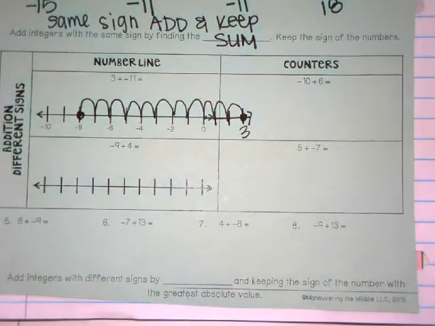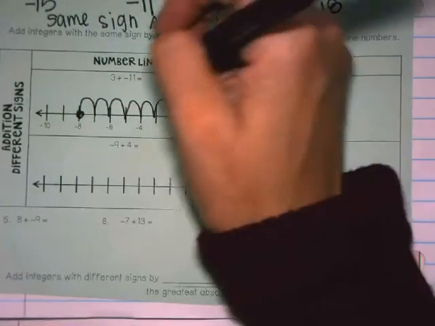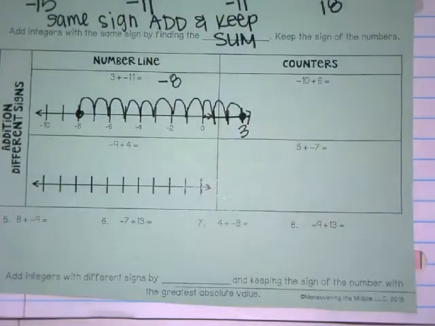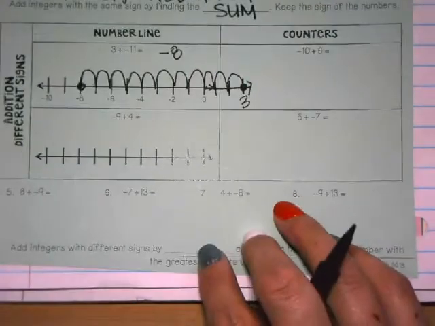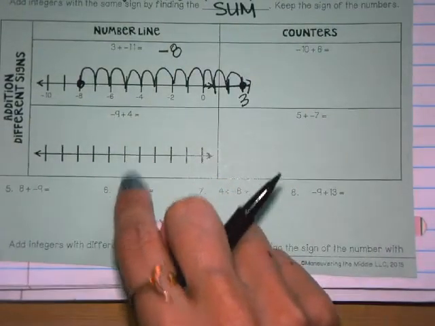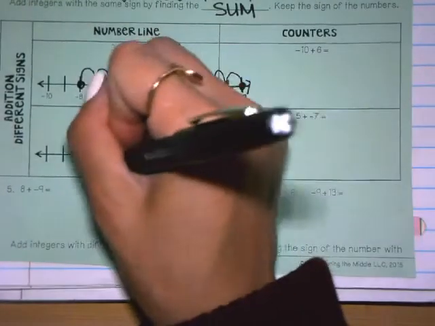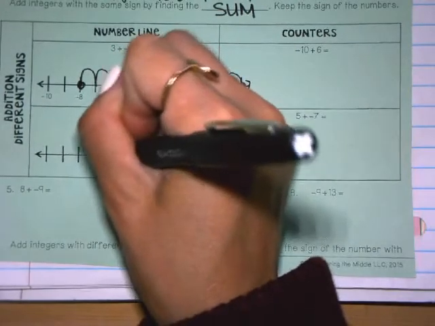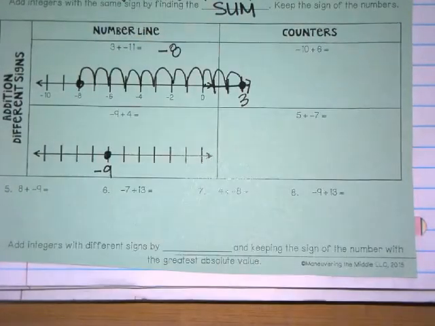Where did we end up, everyone? So 3 plus a negative 11 is a negative 8. Okay, let's do the one right below it. Just put negative 9 right there. I'm adding 4.